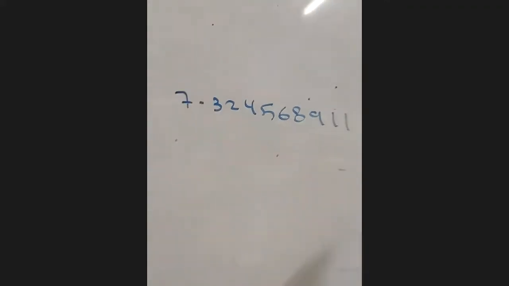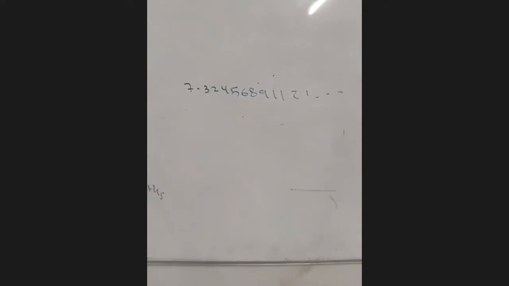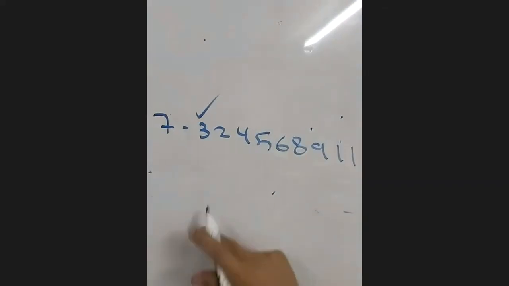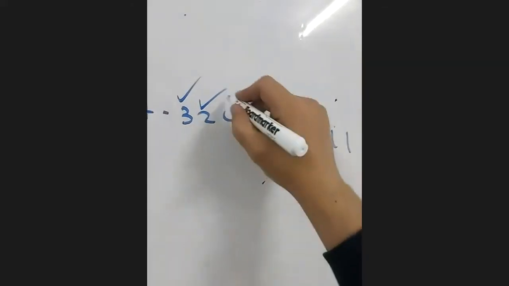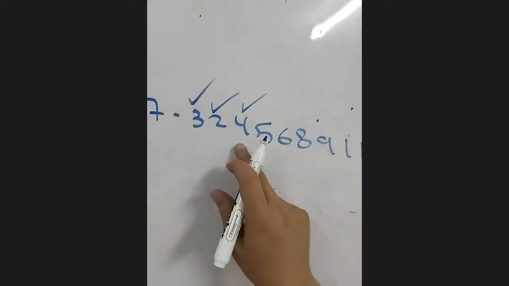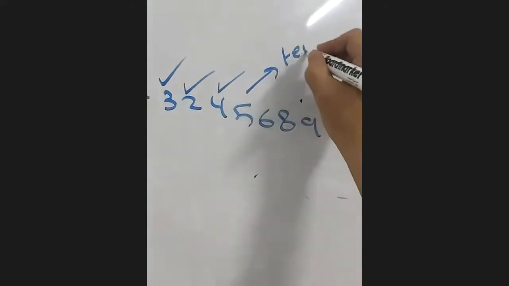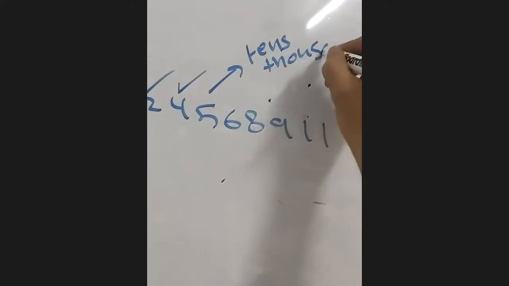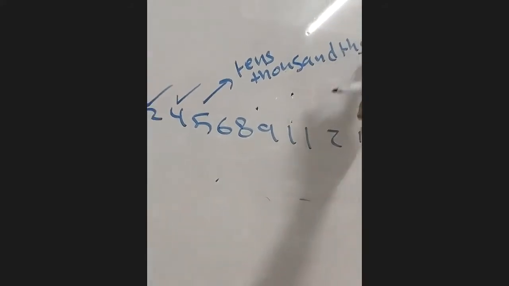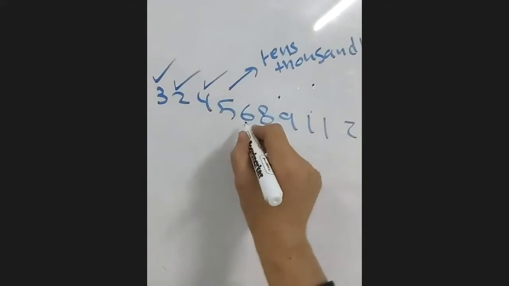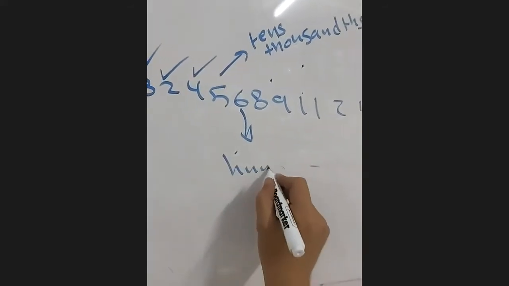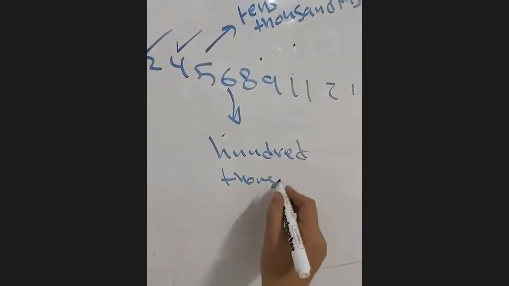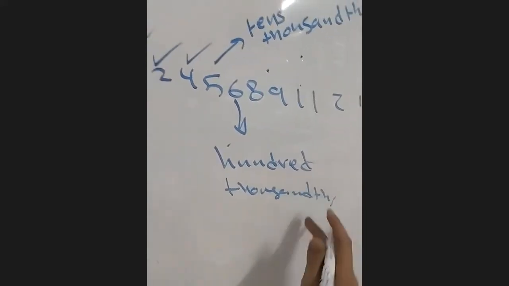7.324568911112, whatever, look, yes, we have. This is the tenths, right? Hundredths, thousandths, then ten thousandths, hundred thousandths, then millionths.